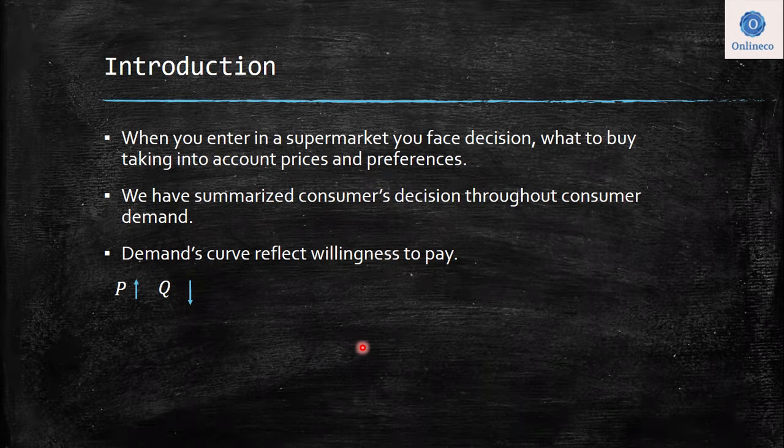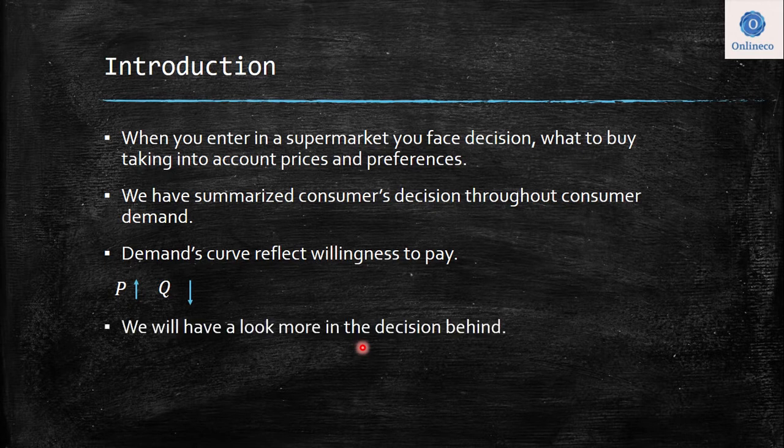This is the normal standard of the law of demand. Some goods and services don't work this way, but this is the usual case. So we will look more closely at the decision behind that.